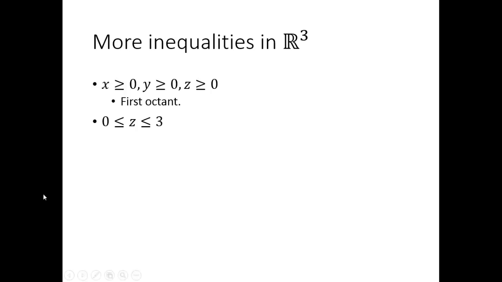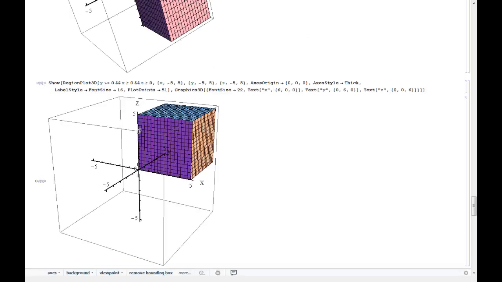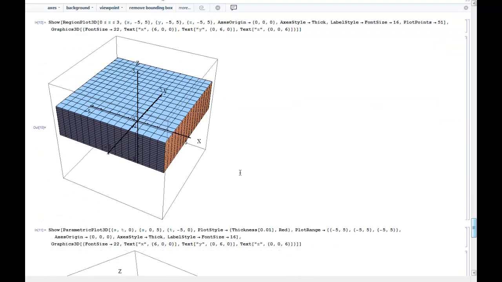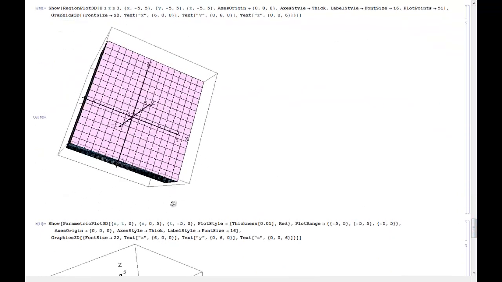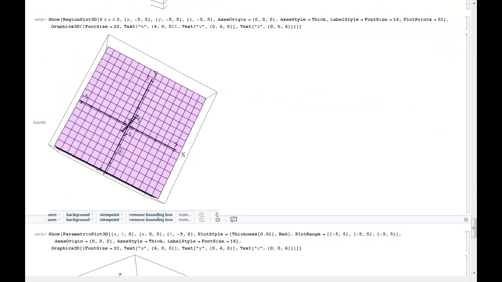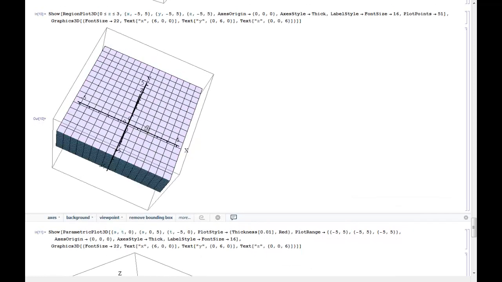Okay, another inequality. We could bound z below by 0 and above by 3: 0 less than or equal to z less than or equal to 3. So 3 is bigger than z is bigger than 0. Picture that here. So x and y can vary however they please.